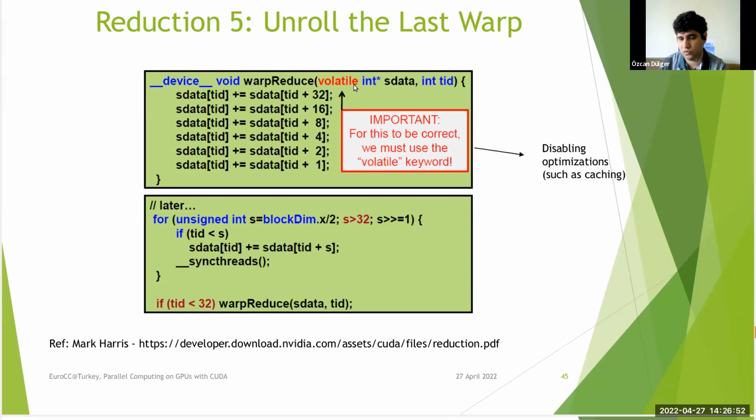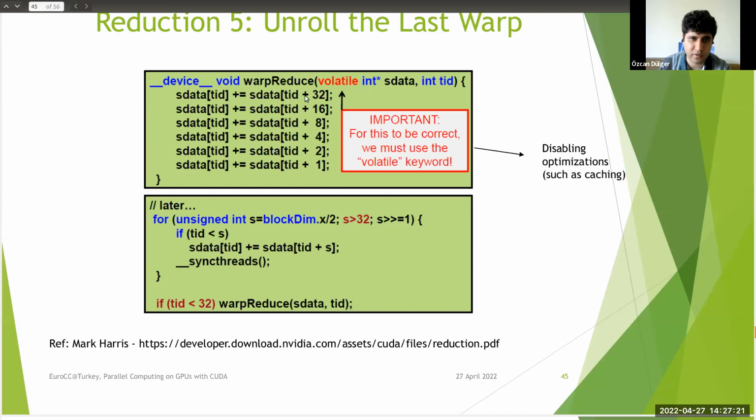In order to ensure that all of the threads in the warp access the latest value of the shared memory, we must use volatile here.